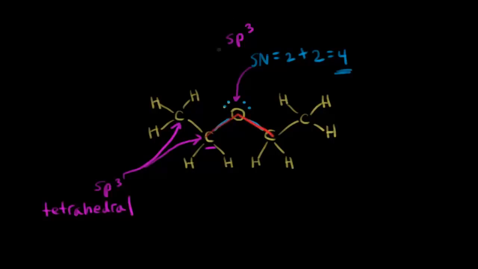So even though that oxygen is sp3 hybridized, its geometry is not tetrahedral. The geometry of that oxygen is bent or angular. And because of symmetry, this carbon right here is the same as this carbon, so it's also sp3 hybridized, and then this carbon over here is the same as this carbon, so it's also sp3 hybridized. So symmetry made our lives easy on this one.